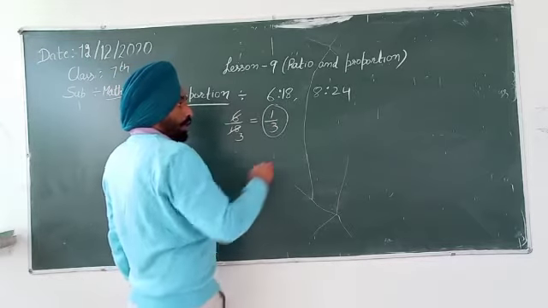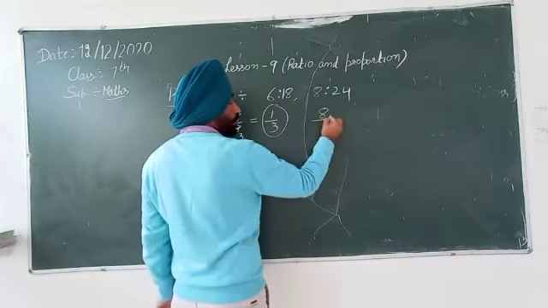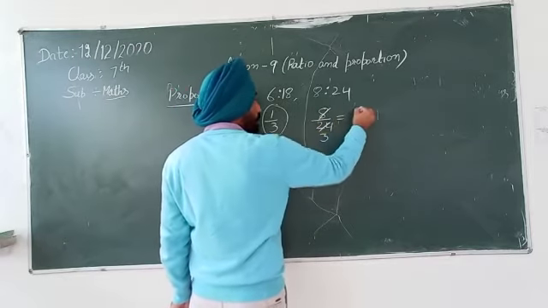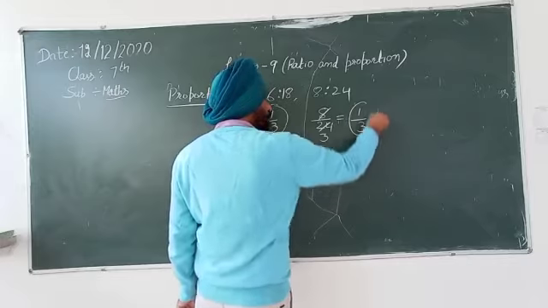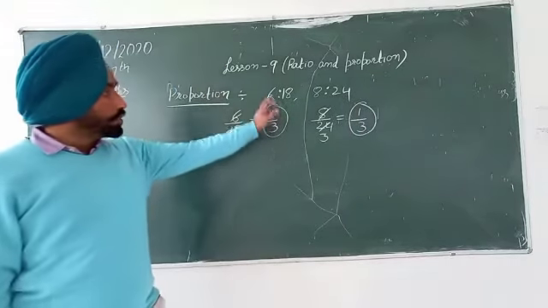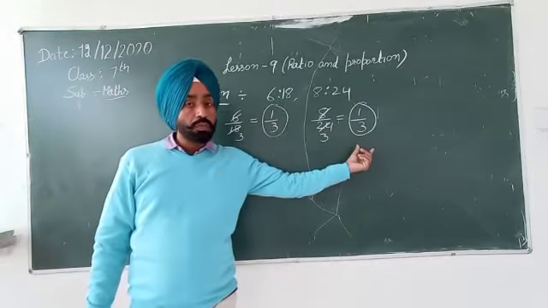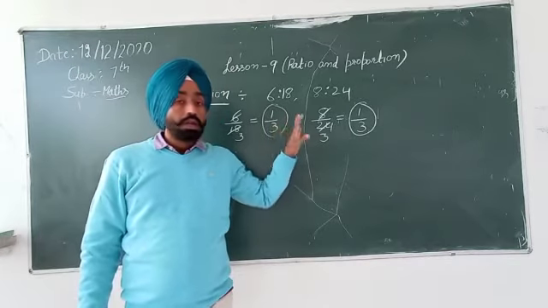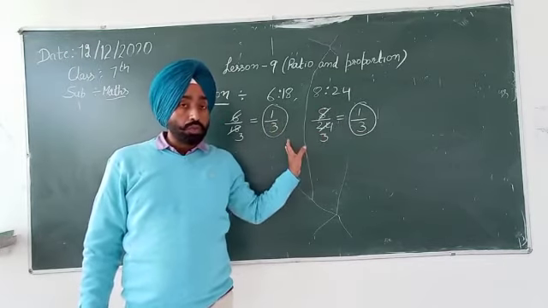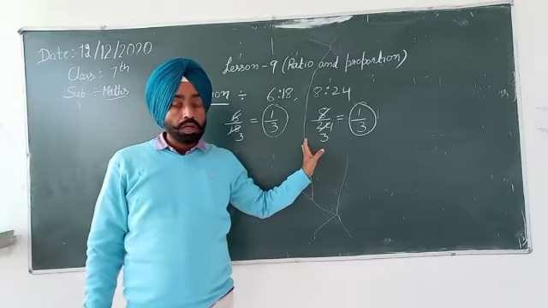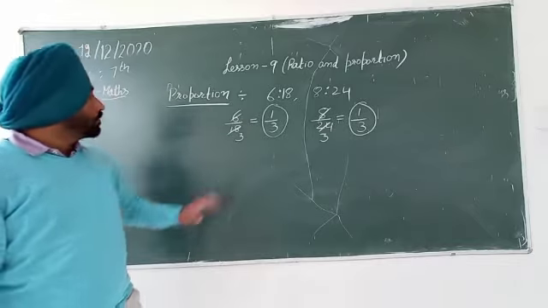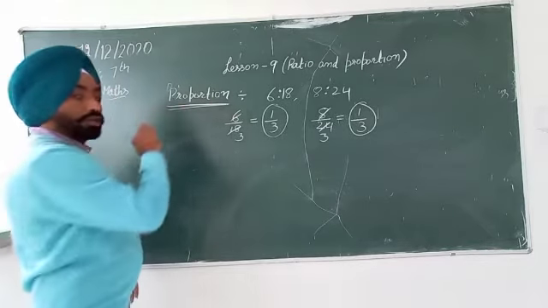And similarly, beta, 8 upon 24, cancel by 3, 8 3s are 24. So it also becomes equal to 1 upon 3. Means these two ratios are equal to 1 upon 3. Okay, as like fraction we can say they are equivalent ratios. Means they are equal.